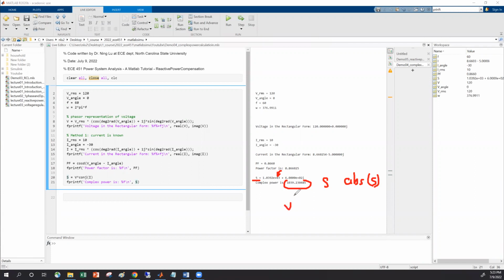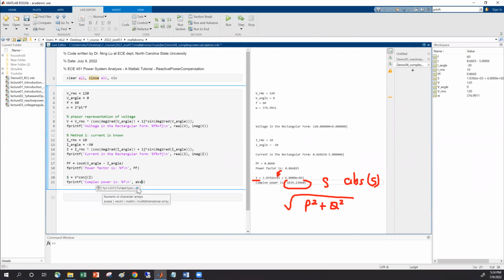So that will be P square plus Q square, okay? So when we do that, we will use ABS. This way, you can see that when we print them out, they are the magnitude of the S value, okay?